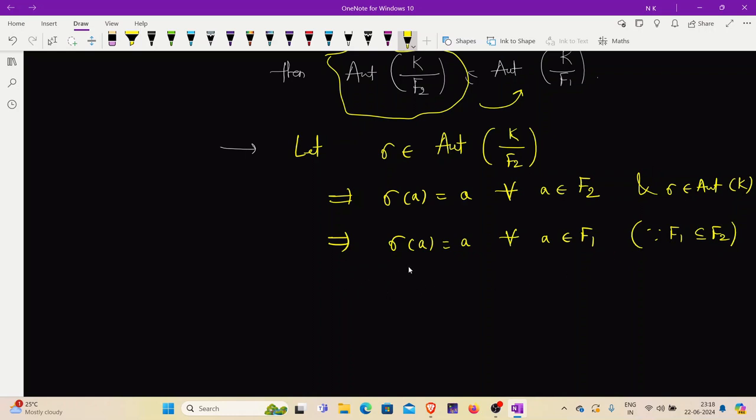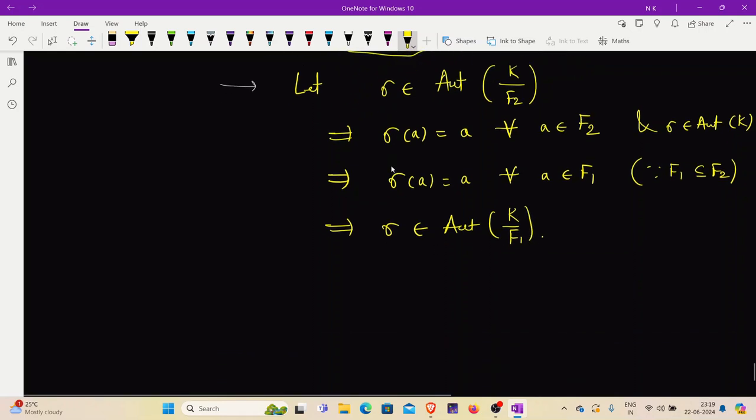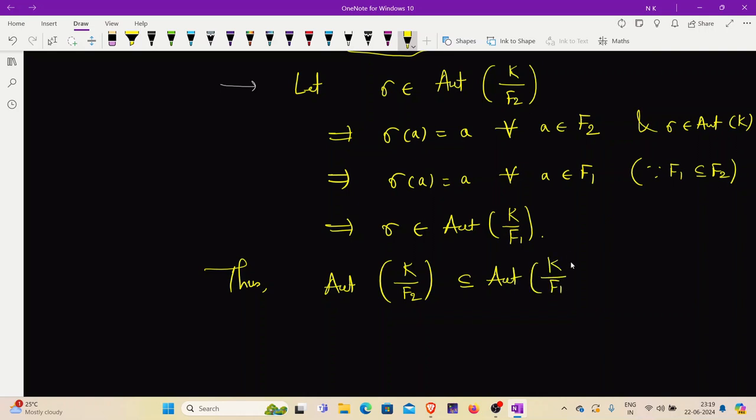So now sigma is an automorphism of K which fixes F1, so this clearly implies sigma belongs to automorphisms of K over F1, right? So Aut of K over F2 is a subset of Aut of K over F1.